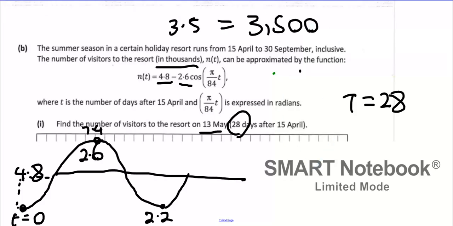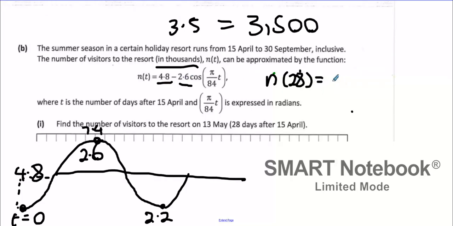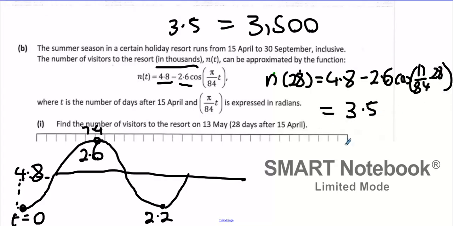Now, I should obviously show workings for that, shouldn't I? I shouldn't be just writing that down out of nowhere. So it should be N28, replace T with 28 is 4.8 minus 2.6 cos pi over 84 times 28. And then I'll just say, look, it's 3.5, but that actually means 3,500 people.